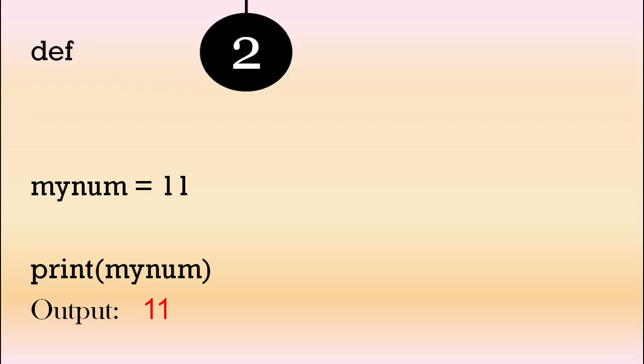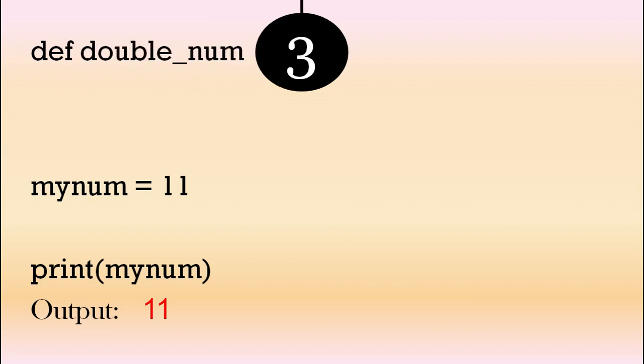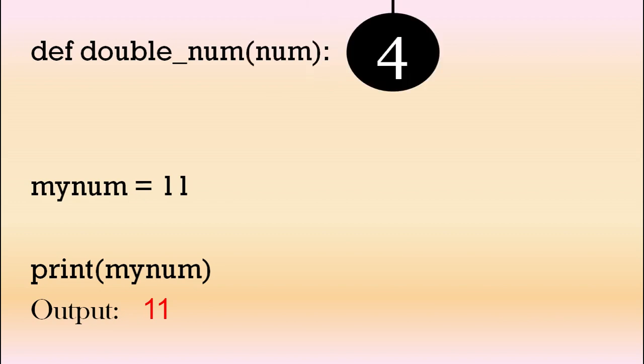For a function, we start off with the word define, shortened to def. Then we've got the function name. In this example, it's called double num. In brackets, here's something that's coming in. In this example, we're going to call it num. Don't forget the colon at the end.